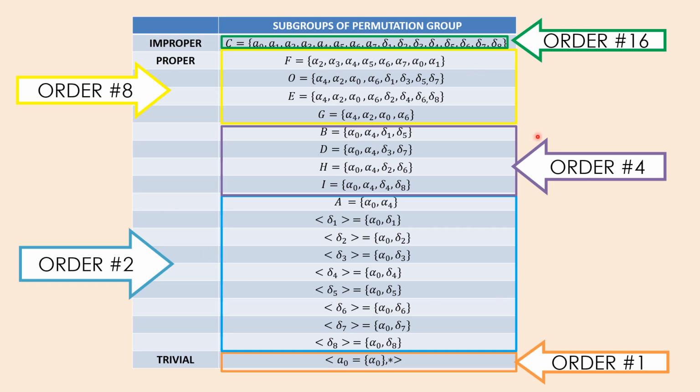The order of our subgroups is a divisor and factor of 16. That's why we only have order 1, 2, 4, 8, and 16. It satisfies the Lagrange theorem that we tackled last time.